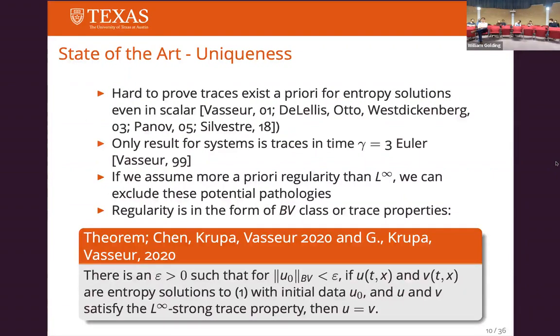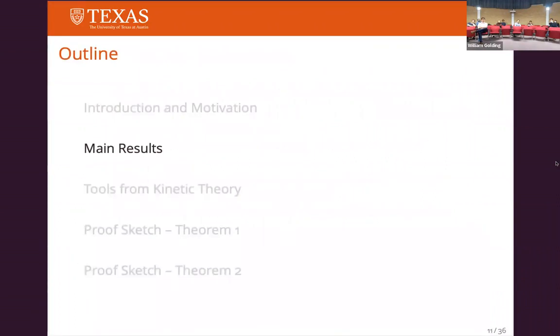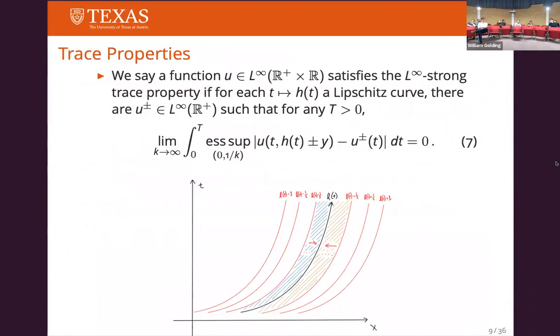Sorry? So this actually works for any 2x2 system under reasonable hypotheses on the flux. It's only for 2x2 systems, though. It's one restriction. What makes it so hard? If you go to a higher number of systems, you get more and more waves.